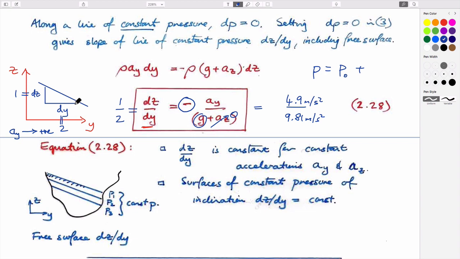But the slope of the curve, a positive slope would be up towards your right. This would be a positive slope, and this would be a negative slope from your math, right? And so clearly, a positive acceleration in the y direction, a positive gravity as a positive constant, and this is 0, gives you a negative slope. So the sign comes in just from the math, and that's perhaps important.